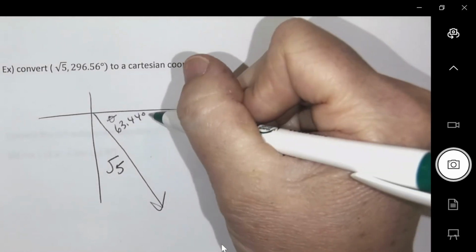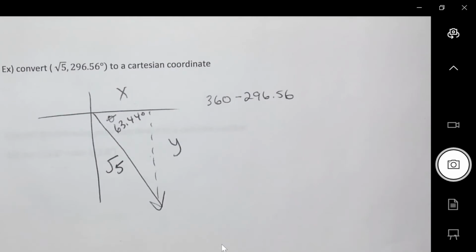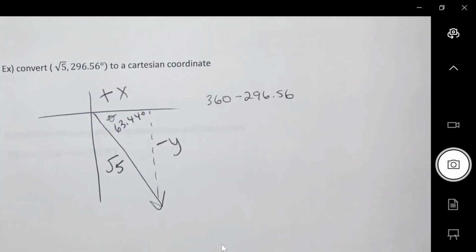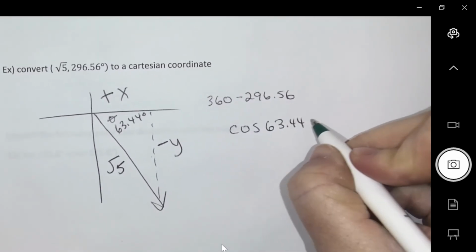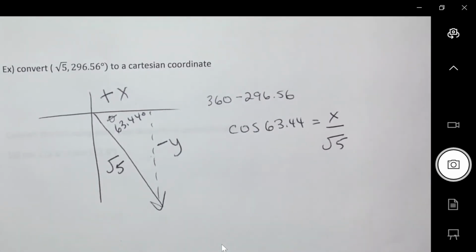So now I want the x and the y to get my xy coordinate, Cartesian coordinate. And before I work with this, I'm going to write down positive negatives just so I don't forget. Positive, negative. Okay, so I'm going to do cos of the angle equals x over r. Or you could do the adjacent over hypotenuse, whatever you like.